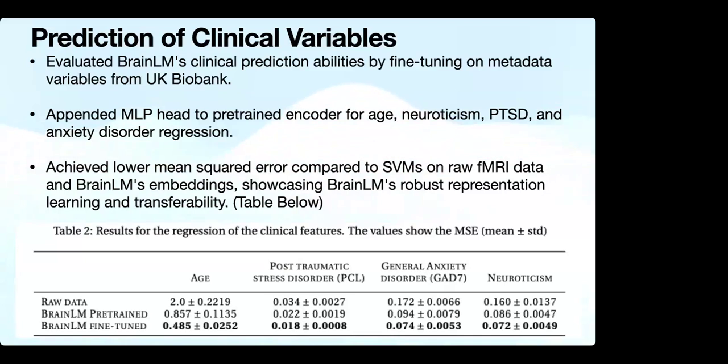So again, they appended this MLP head to the pre-trained encoder in order to predict age, neuroticism, PTSD, and anxiety disorder. And they achieved lower mean squared error compared to SVMs on raw fMRI data and BrainLM embeddings. So this, they're claiming, is showing how their model can achieve robust representation learning and transferability.